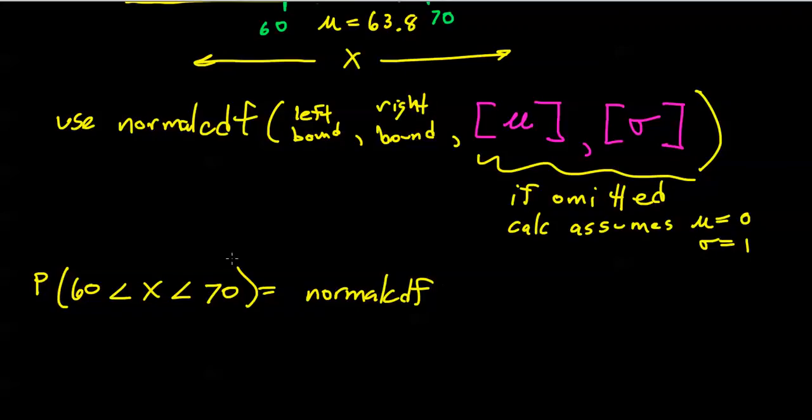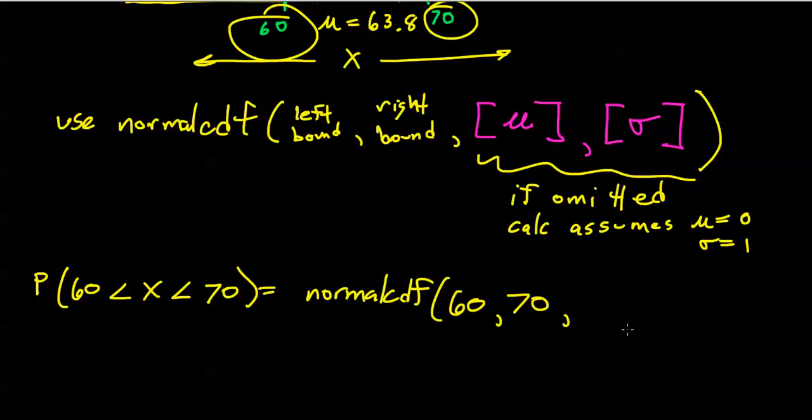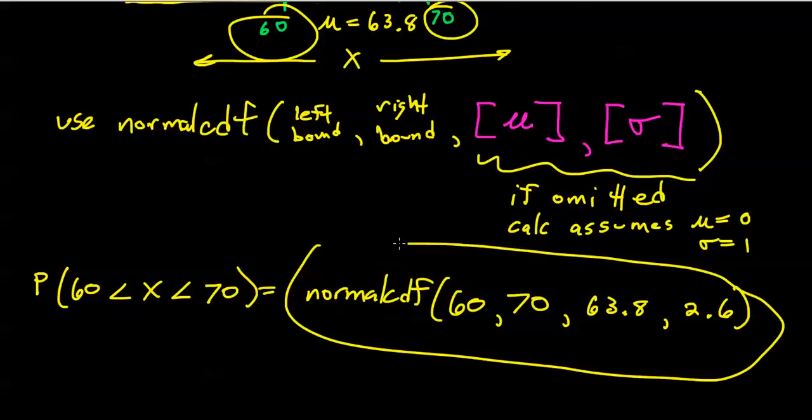Remember that from section 6.2. I'm going to plug in my left bound. Well, my left bound up here was 60, recall. My upper bound, my right bound, will be 70. And of course, my non-standard mean and standard deviation was 63.8 and 2.6. So kind of a long-winded command here. You've got 4 parameters to enter in.